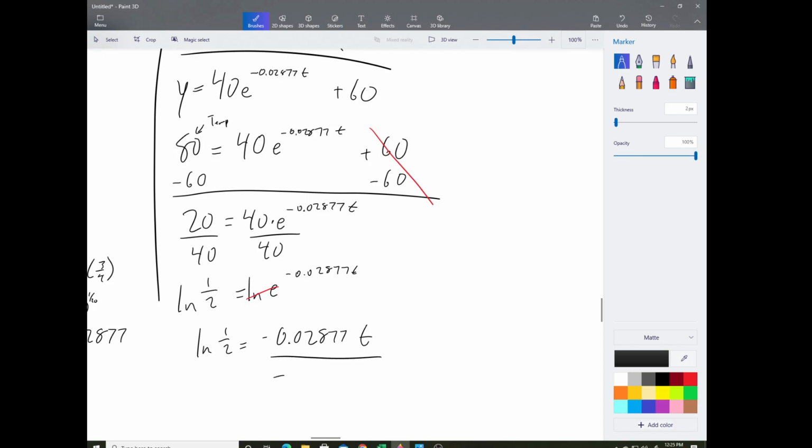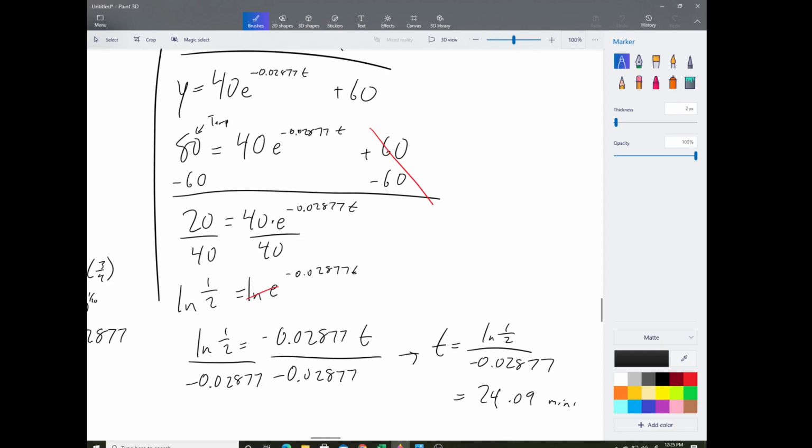And last but not least, we're going to divide by this decimal out here. And again, this is why calculators were invented. I get 24.09 minutes out of this.